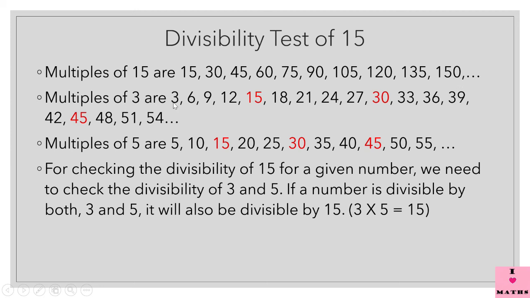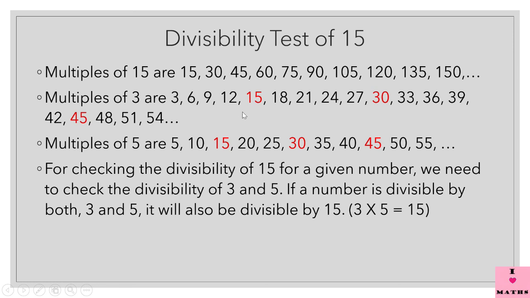Multiples of 3 are 3, 6, 9, 12, 15, 18, 21, 24, 27, 30, 33, 36, 39, 42, 45, 48, 51, 54, and so on. Multiples of 5 are 5, 10, 15, 20, 25, 30, 35, 40, 45, 50, 55, and so on.